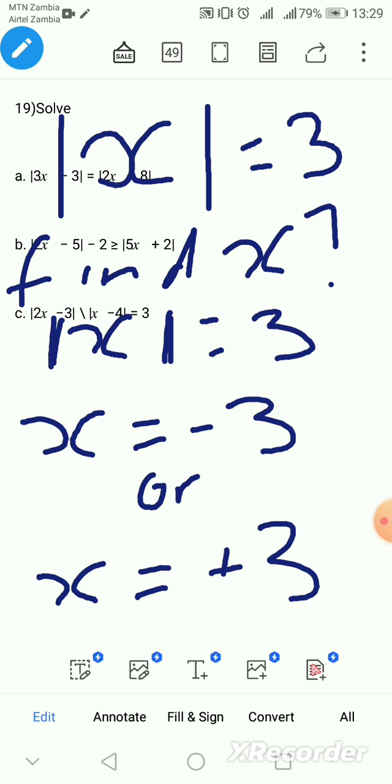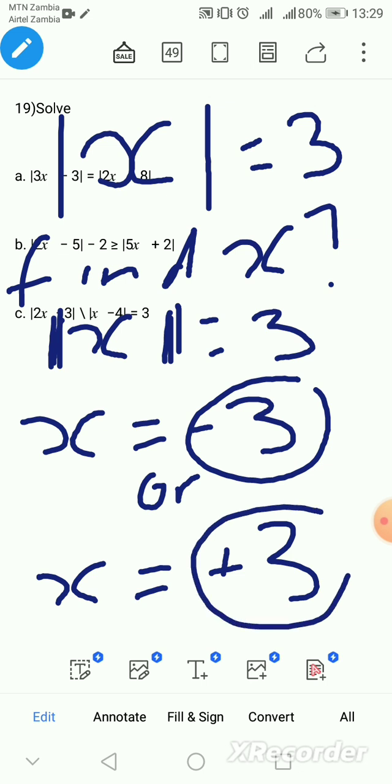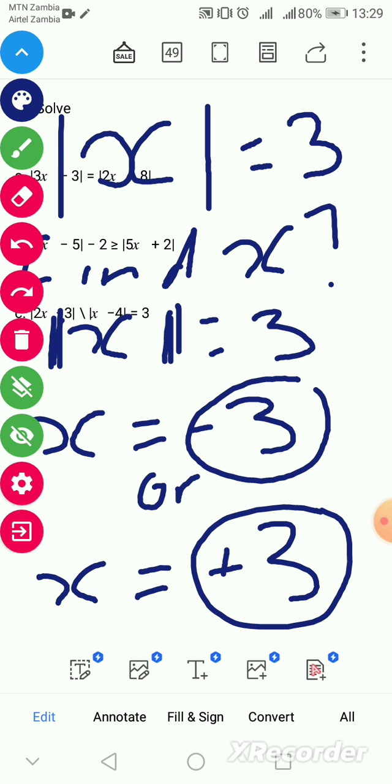So a modulus will always give two answers when we get rid of these straight lines. Those two answers are either a negative outcome or a positive outcome. And that is the first and simplest type of modular equation that we can come across.